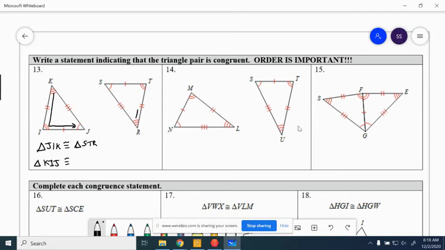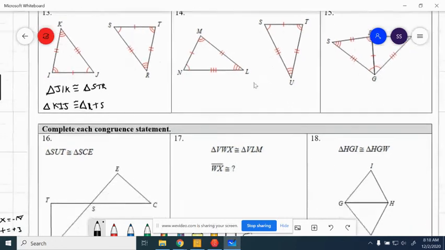We have to start at the 3 arcs, go to the 2, and then end at the 1. So we would say that triangle KIJ is congruent to triangle RTS. Okay? All right. I think you guys get that. You guys can try 14 and 15.